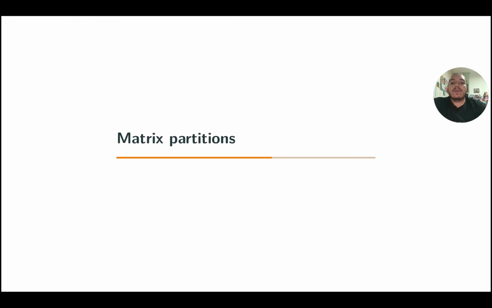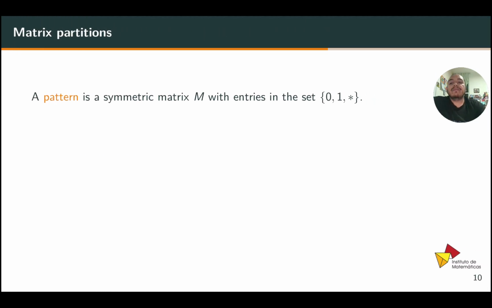Finally, let's talk about matrix partitions. A pattern is simply a symmetric matrix, let's say M, whose entries all belong to the set having elements only 0, 1, and asterisk.